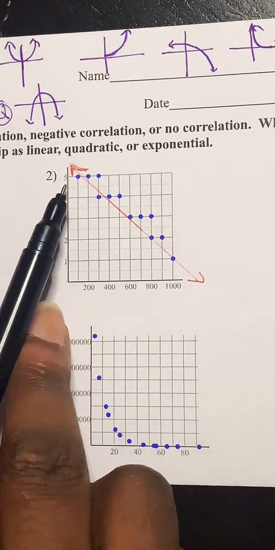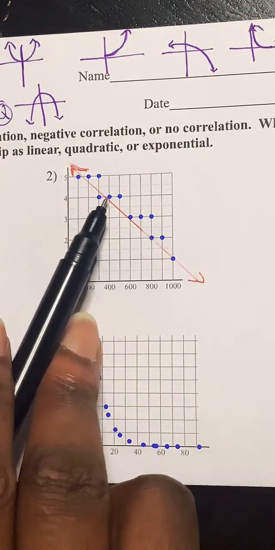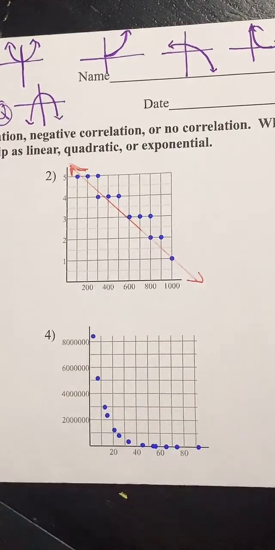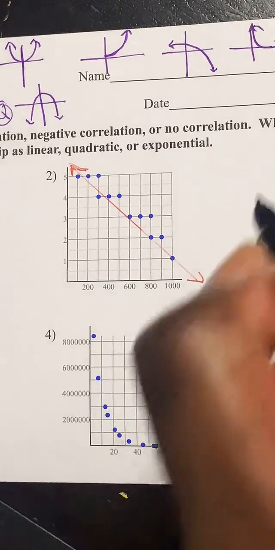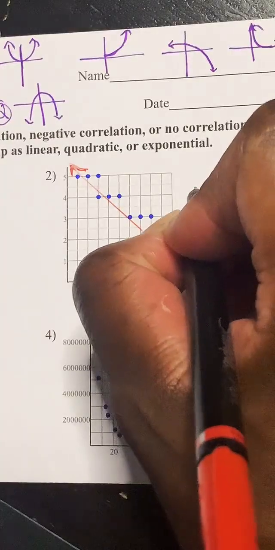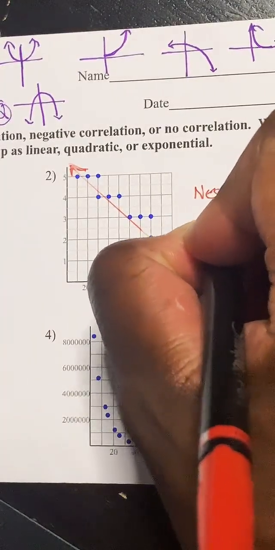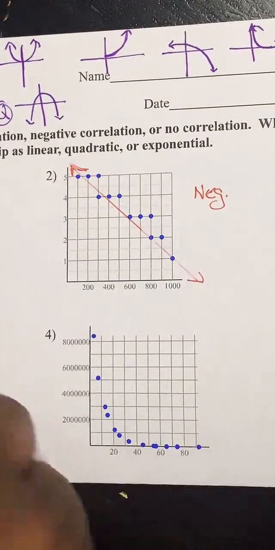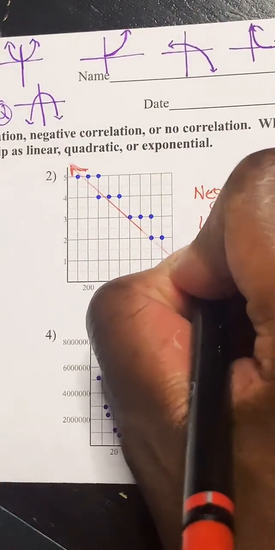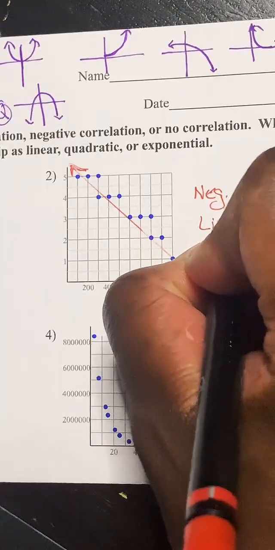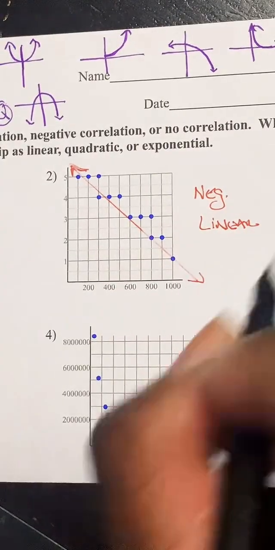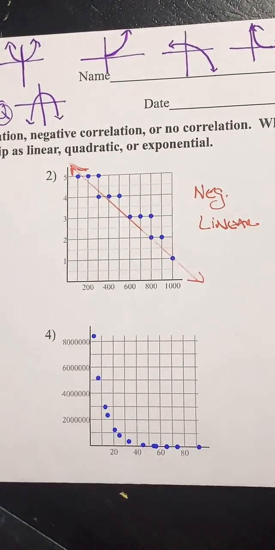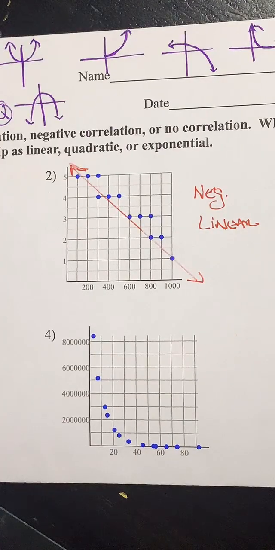Okay? If I angle it a little bit better, I could probably get through a little more of the points. So yes, this is going to be a negative correlation, or neg, but then it's going to be linear because I'm able to get a nice straight trend line. All right.